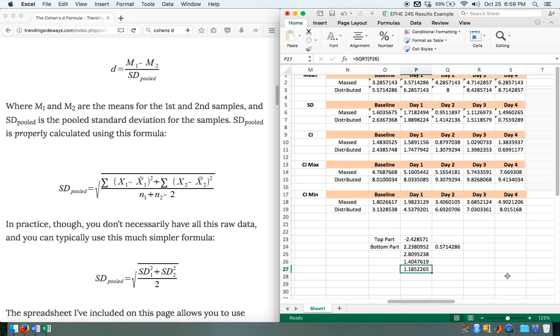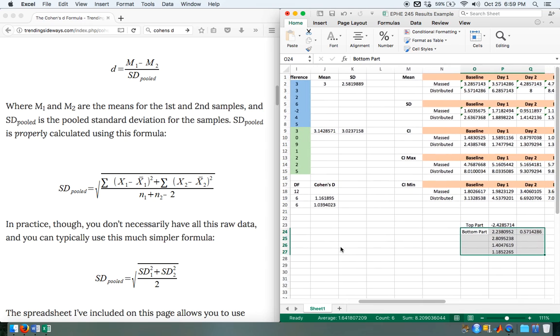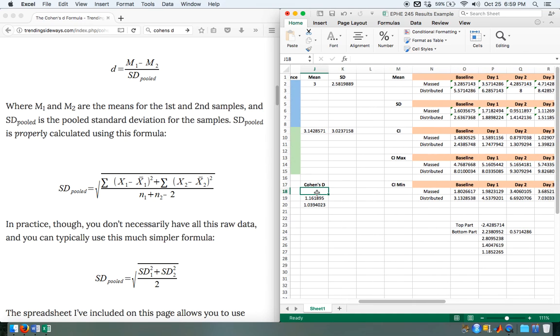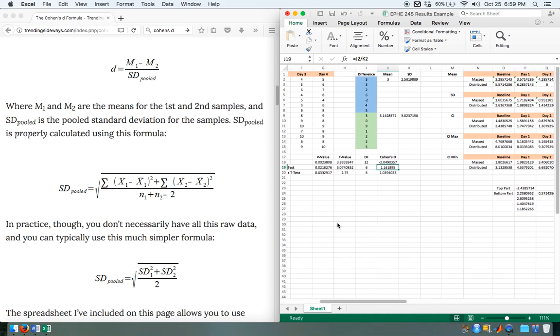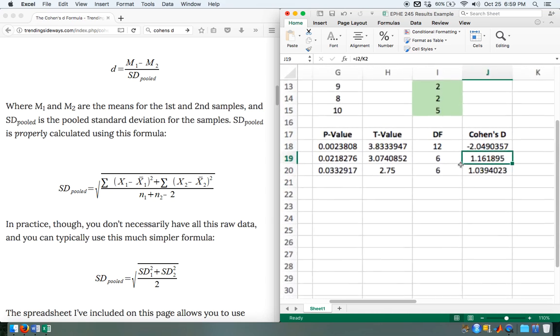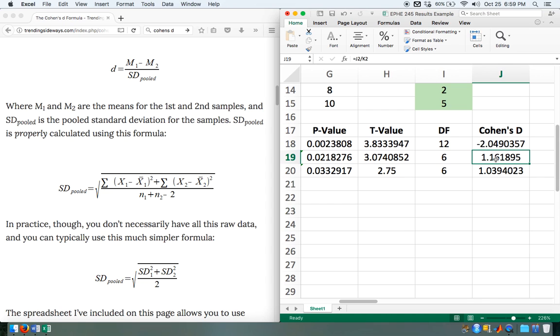So what that gave me is this bottom part, so this final answer gave me this part, which is the bottom here. So to get my D now, what I'm going to do is I'm going to put it up here where my thing is, the top part divided by the bottom part. Now my Cohen's D is negative 2.04.